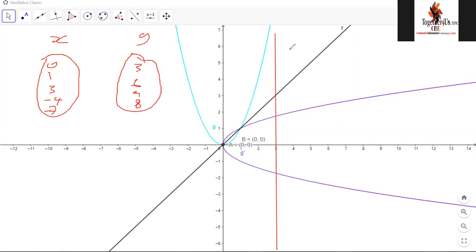But the point is, for one element here, I must have a corresponding one element there. That's what we are establishing.